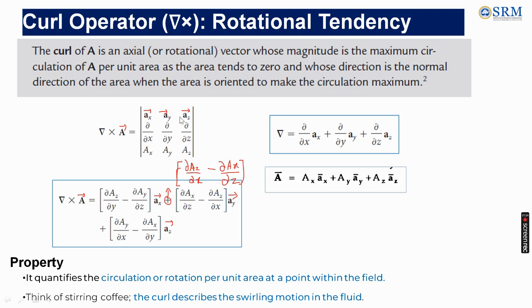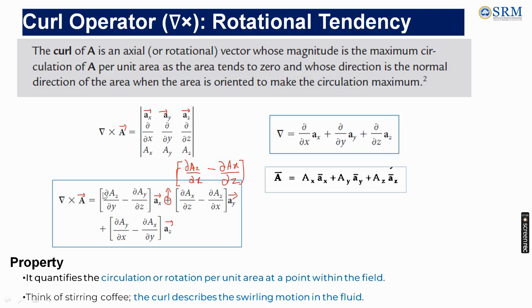In the first row I write the unit vectors. In the second row I write the partial differential parts, dou by dou x, dou by dou y and dou by dou z. So this is the del operation, which I have written in the second row. And in the third row I fill in the components of the vector along each of the axes.